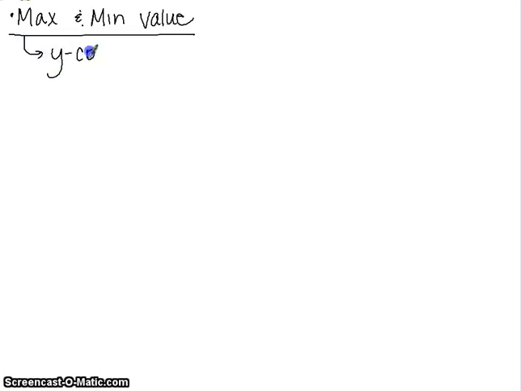Excellent. Now, the last piece of today talks about this idea of a maximum and a minimum value. The max and min is actually going to be the y coordinate of the vertex.